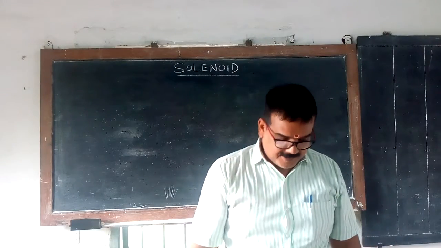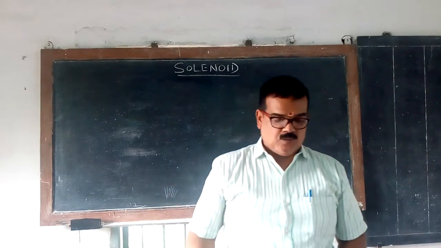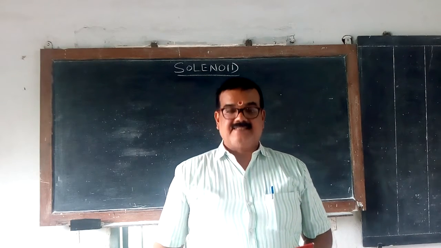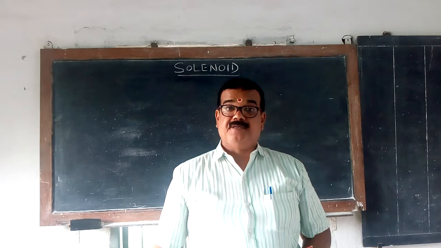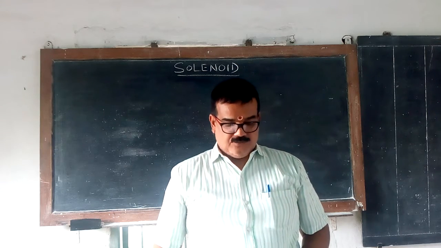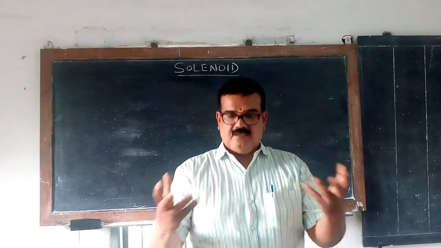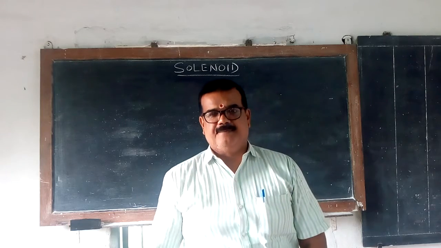Next comes permeability. Permeability is called mu. Permeability refers to the ability of a magnetic material to be easily magnetized; such a material is said to have high permeability. That means a material which has good magnetic power, absorbing magnetic power well, is called a good permeability material.